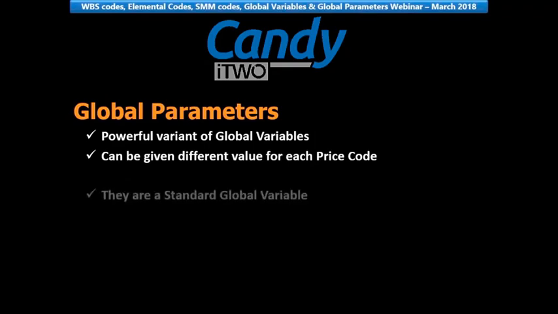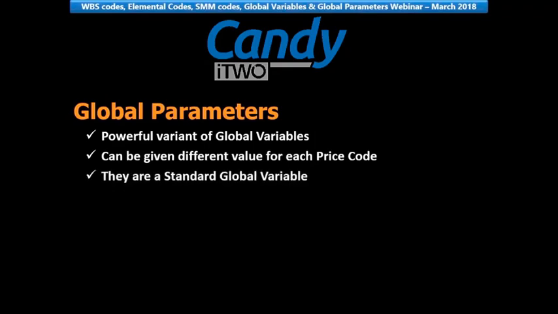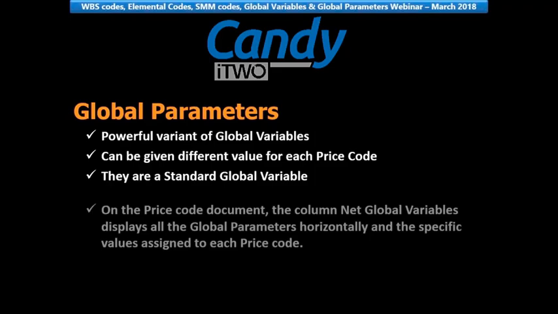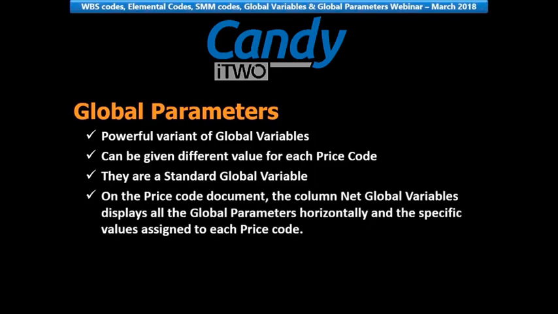A global parameter is a standard global variable but has the added ability to have individual values per price code. On the price code document, the column net global variables display all the global parameters horizontally and the specific value assigned to each price code.